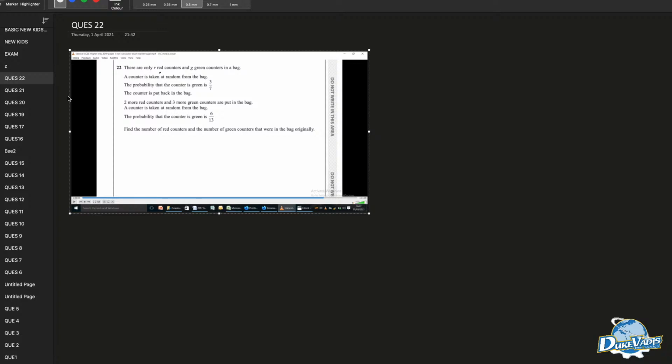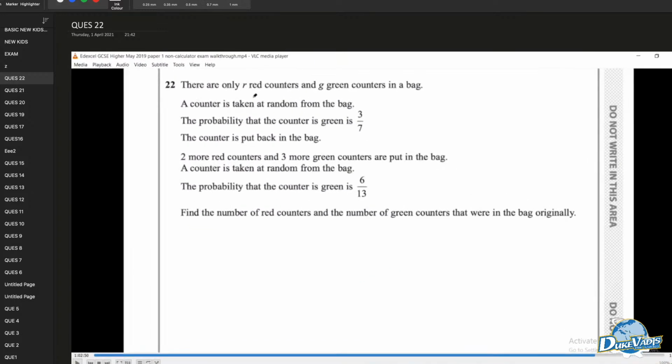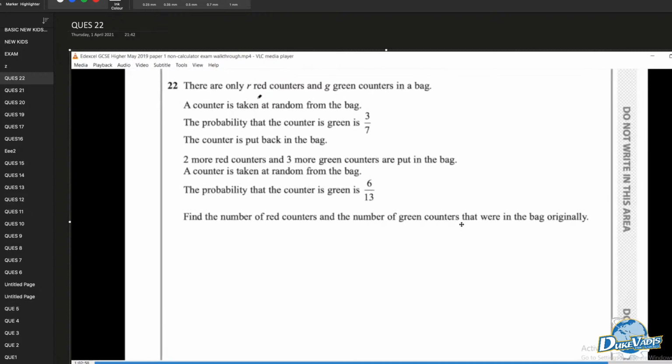Okay. Alright, so let's look at the question very carefully. There's the last question. The last and not the least. Look at the question given. They said there are only red counters and green counters in a bag.